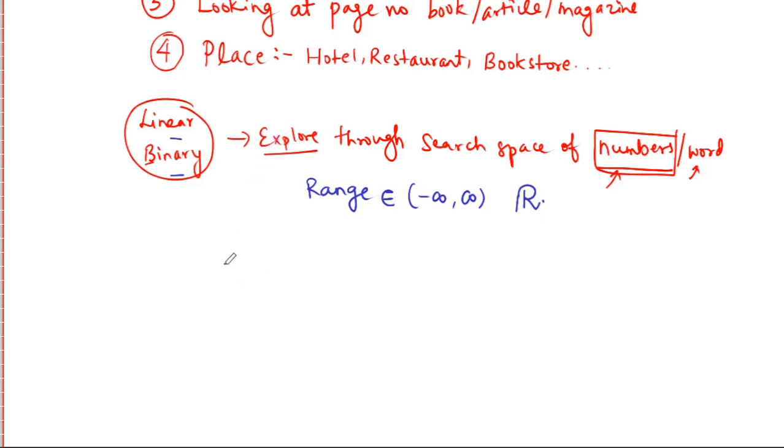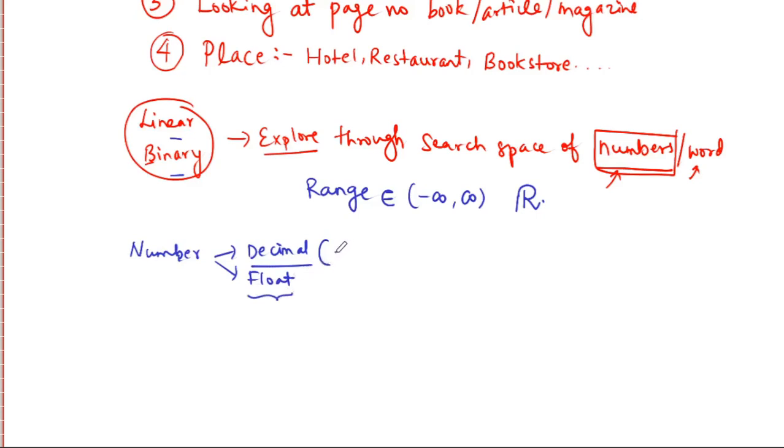So let's say numbers can have decimal values as well as floating values. Concentrating on the decimal part of the real number to understand how linear search and binary search work, this idea can also be extended to float values as well.